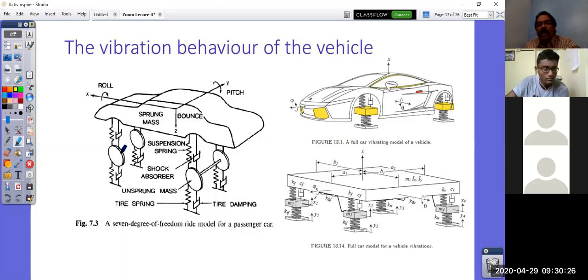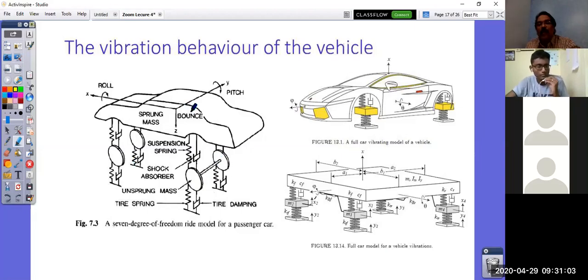If I consider this as sprung mass, 2 unsprung masses in the front will each have a vertical oscillation motion, one here and one here, and they are connected by the axle. So this together will bounce, or it will have your roll motion. The roll motion is what we call a tramp. It can be parallel tramp or opposite reverse tramp. We have seen, right? So there are 2 degrees of freedom: one is the bounce of this axle and the other is the roll of this axle.